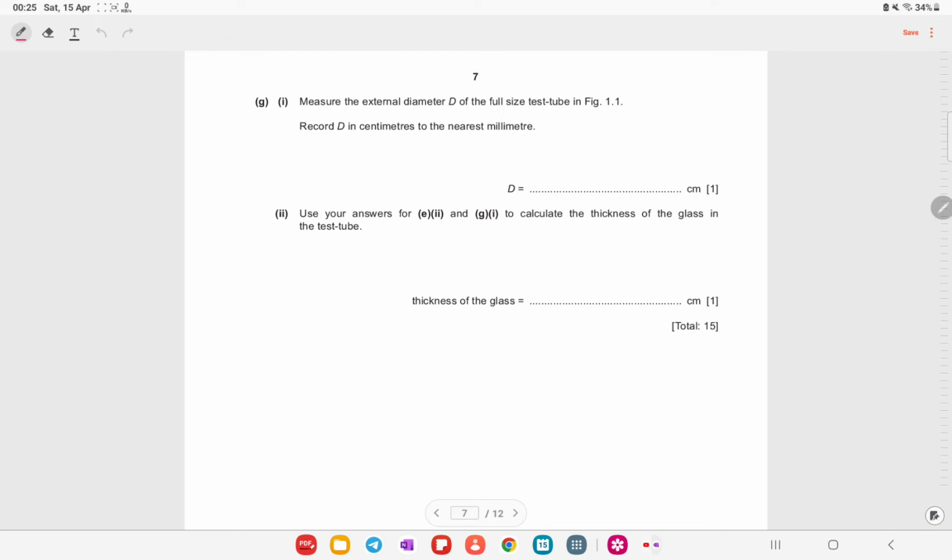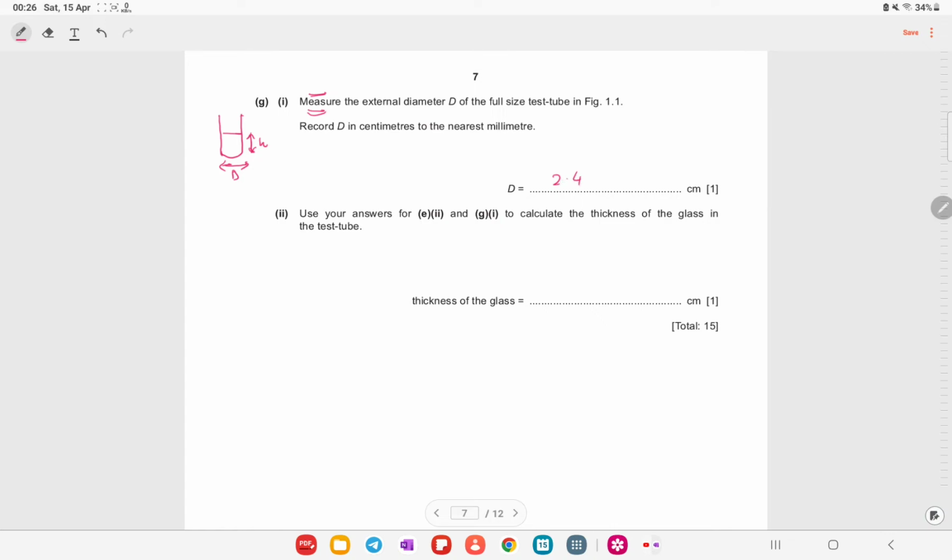Measure the external diameter D of the full size test tube in figure 1.1. In the figure, you must have remembered that this was the level of the liquid, this was the height, and this was the diameter. So he is asking again to measure. You have to use your scale and measure the diameter, and it's going to be about 2.4 centimeter.